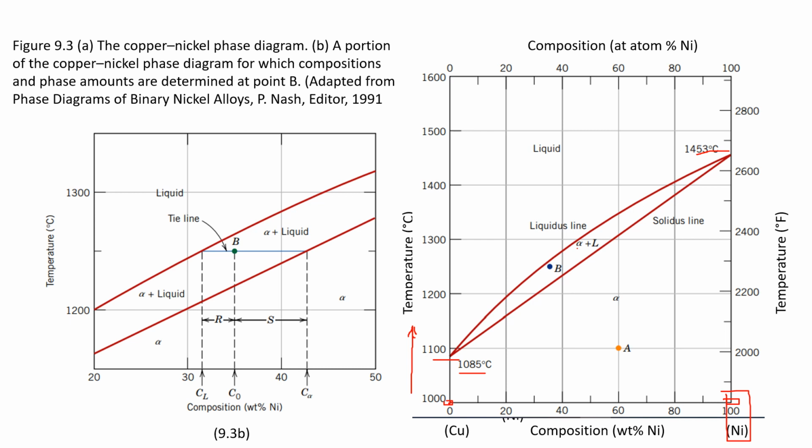Similarly, after the melting point of copper, 1085 degrees centigrade, is crossed, and some small percentage of nickel is added to the copper, then when it is heated, suppose it's 60% by weight copper and 40% by weight nickel, if we heat that substance, both the substances are in solid solution.